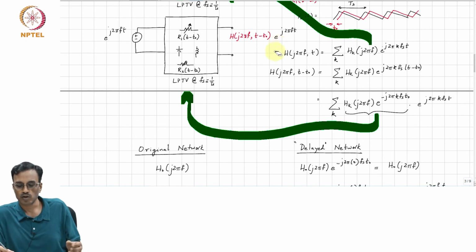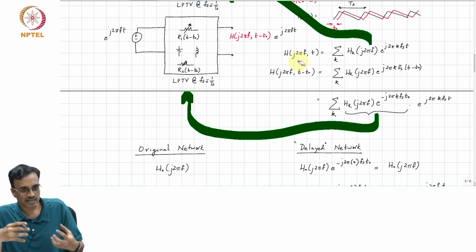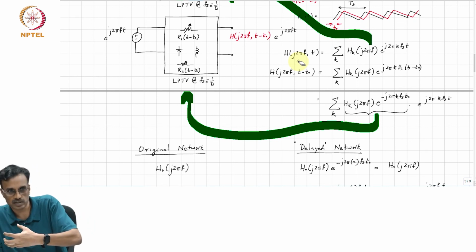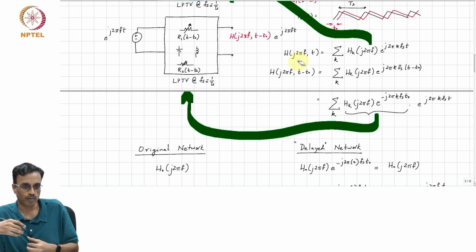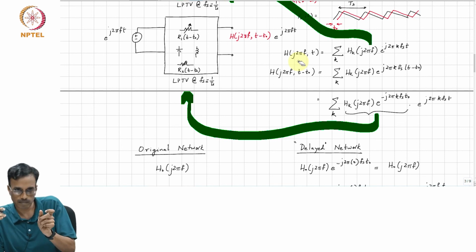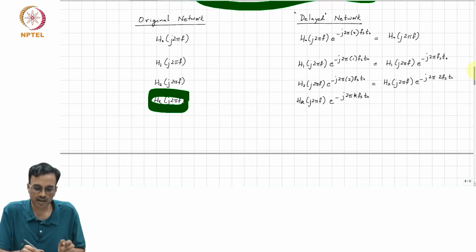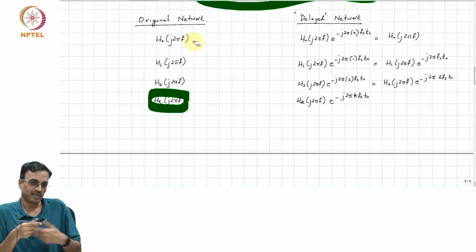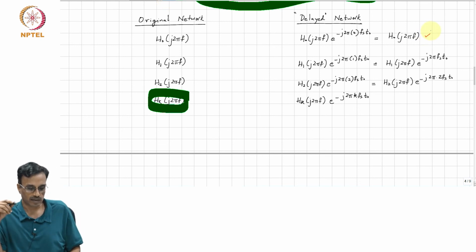Since the original periodic waveform is a sum of sinusoids, the delayed version is simply a sum of delayed sinusoids. So, each sinusoid, each harmonic of that Fourier sum is delayed by the same amount of time t naught, correct. So, if you delay a DC quantity by t naught, it does not change, which is why it makes sense that the h sub 0 remains the same in both cases.